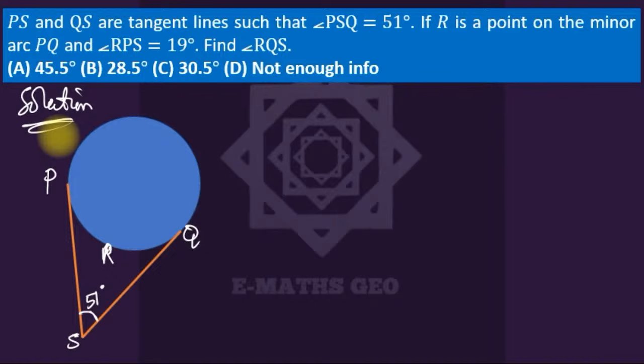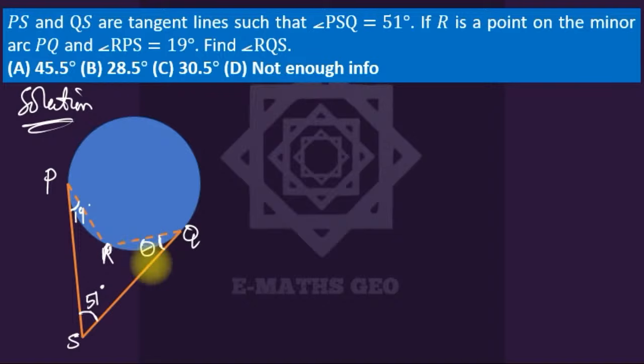So let me add auxiliary line RP. So they said angle RPX is 19. So this is 19 degrees. And we're asked to find angle RQX. So let's add it. So let's call it R, that's this angle, RQX. So let's call it theta.